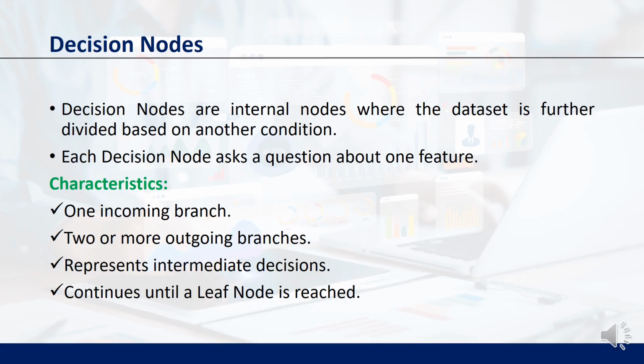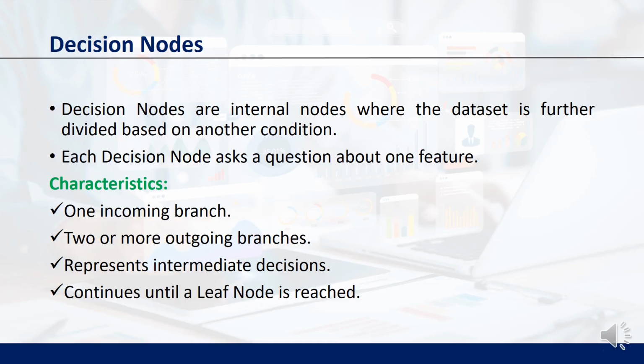Next, decision nodes. Decision nodes are internal nodes where the data is further divided based on another condition. A decision node asks a question about one of the features. For example, is the credit score greater than 700, or is the employment status permanent?